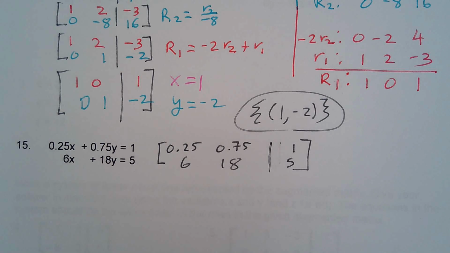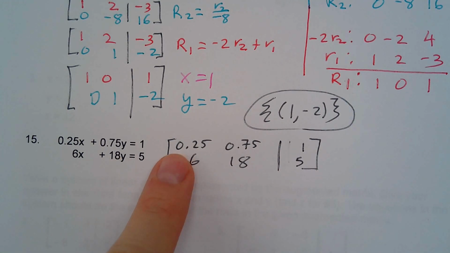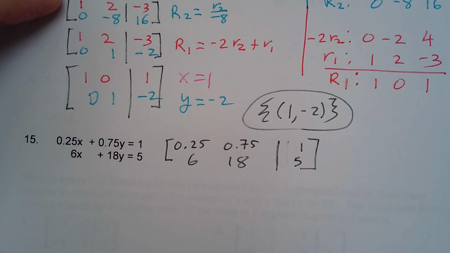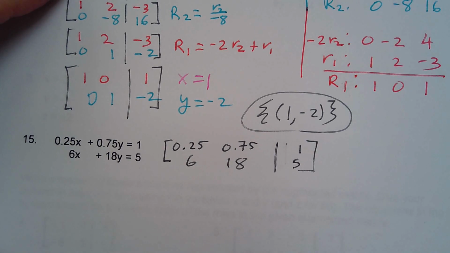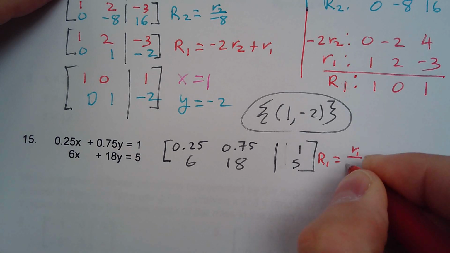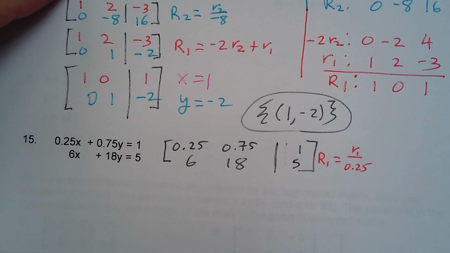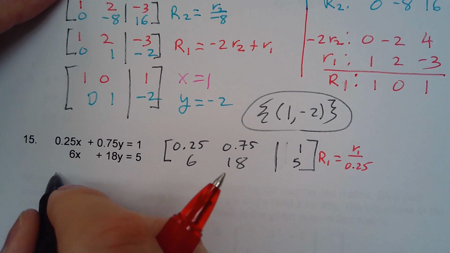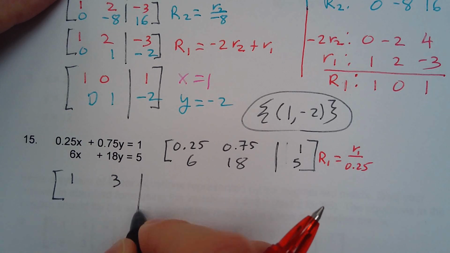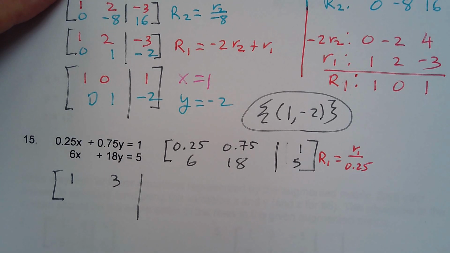First step, I want to get 1 in the upper left corner, so let's just divide everything in the first row by 0.25. So that's going to give us 1, 3, and 4.